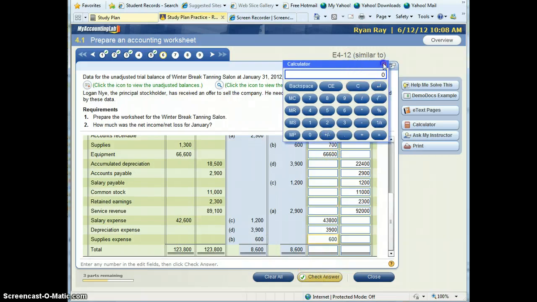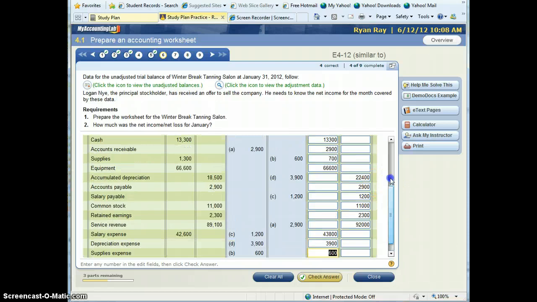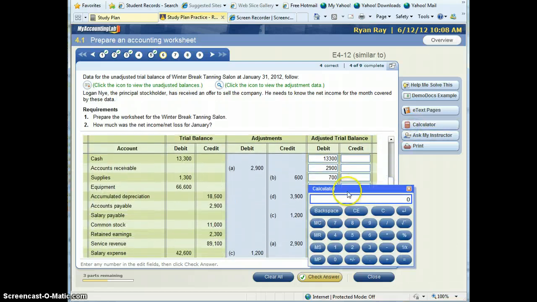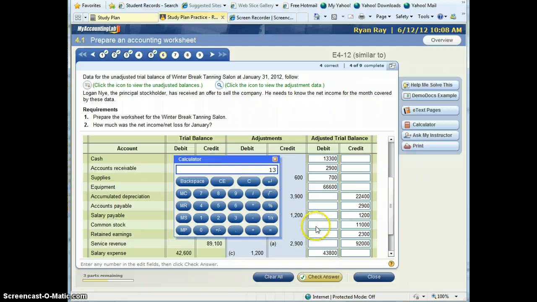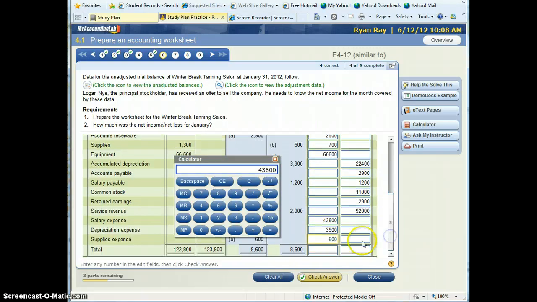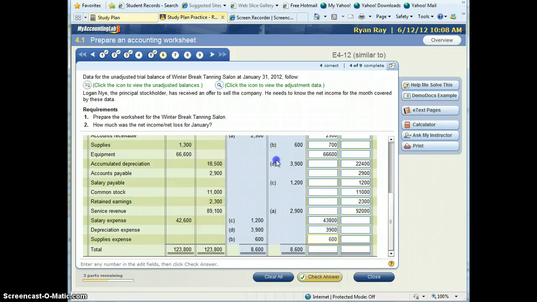Alright, so let's total this. And then that'll be the last thing we can do for part 1 here. Let's add these together. 13,300, 2,900, 700 plus 66,600 plus 43,800 plus 3,900. Oops, lost my focus here. Alright, so I lost my train of thought here.